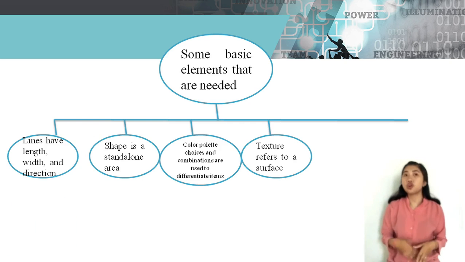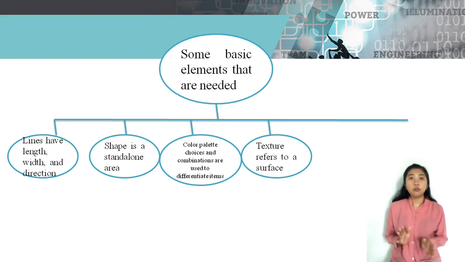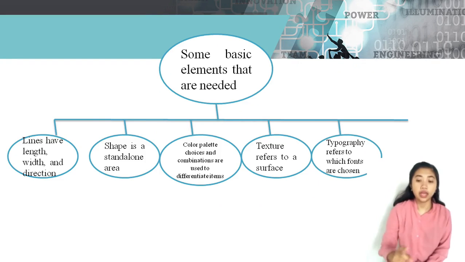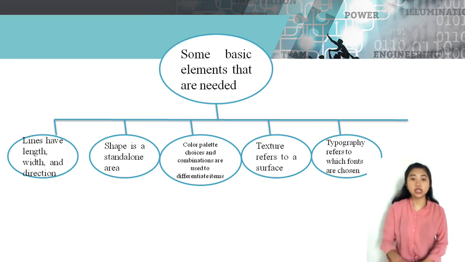Fourth, texture. Texture refers to surface. Texture can make patterns and form and is used to block attention. The fifth is typography. Typography refers to which fonts are chosen, their size, alignment, color, and spacing.